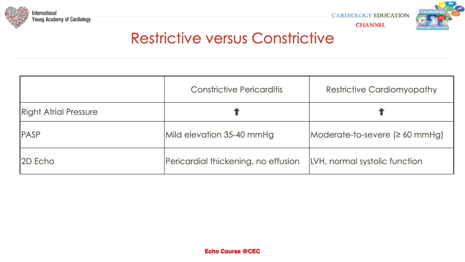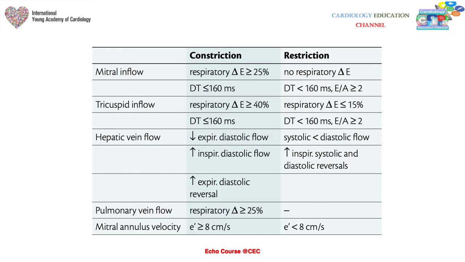And by 2D echocardiography in constrictive pericarditis, you may note pericardial thickening or no effusion. But in restrictive cardiomyopathy, you may have left ventricular hypertrophy and usually normal left ventricular systolic function. And here comes the most important differentiation between constriction and restriction: the Doppler assessment. For the mitral flow, you have a respiratory change in the E velocity of more than 25%.